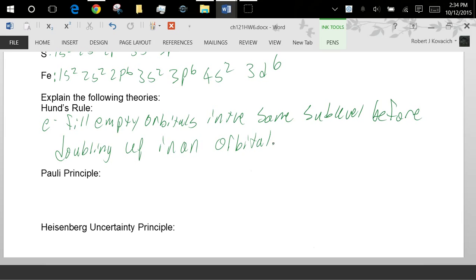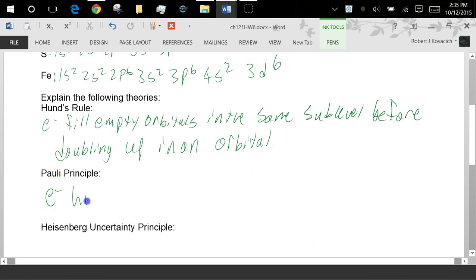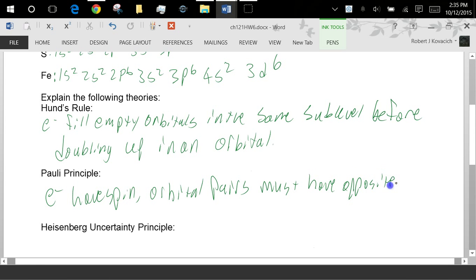And Pauli's principle? Electrons have spin, and electrons in the same orbital must have opposite spin. Okay. And what was the reasoning behind that?